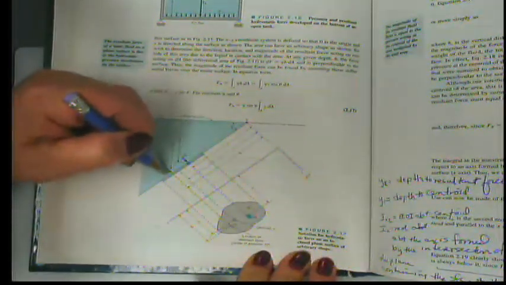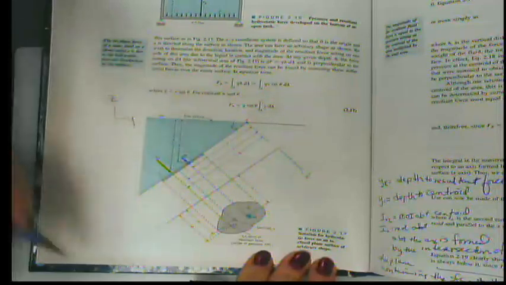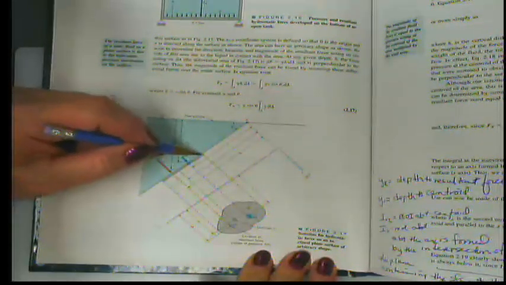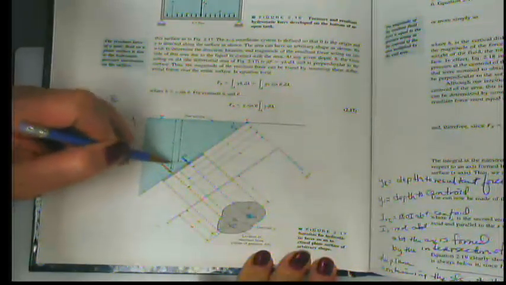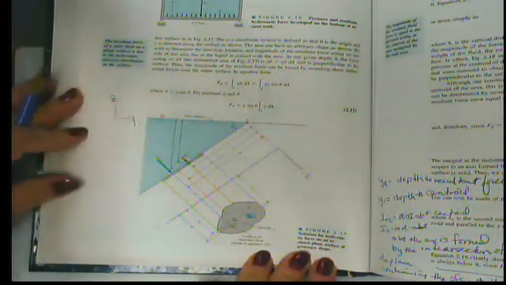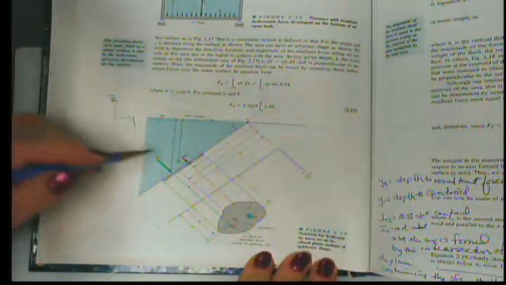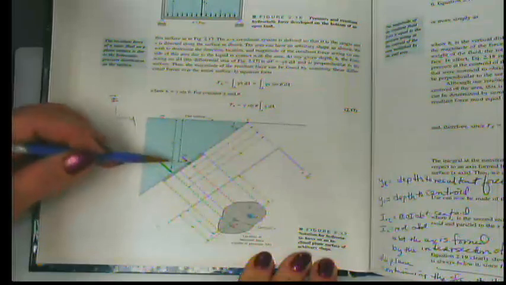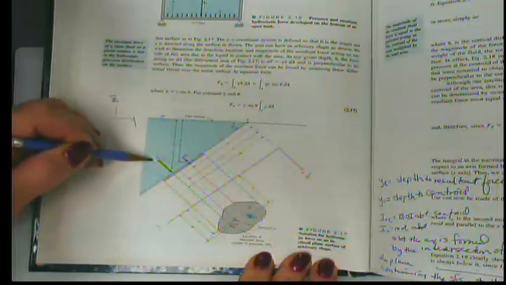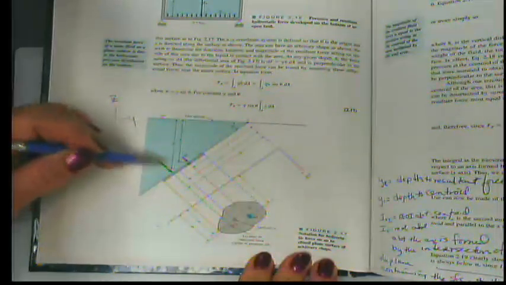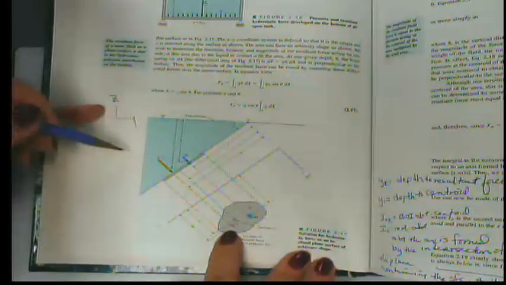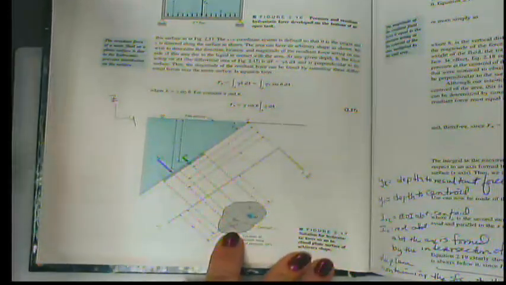There's some sort of an integrated function that's going to let us take all of the little dFs and sum them at the calculus limit, so that we could come up with a single F sub r, or resultant force, that indicates not only the magnitude of the force, but the location of that force, and that's at the center of pressure.